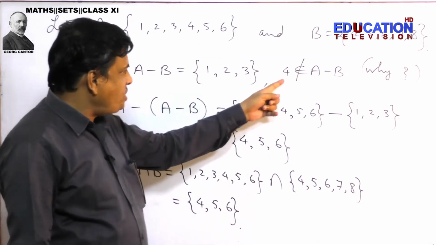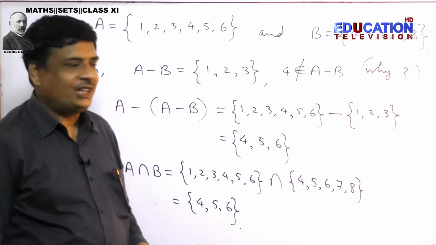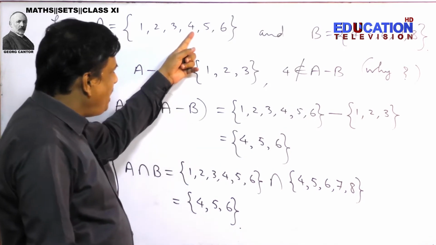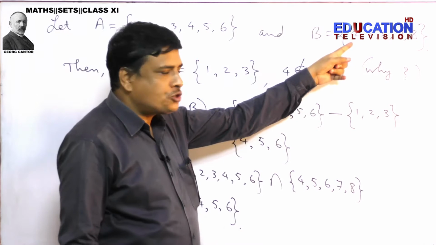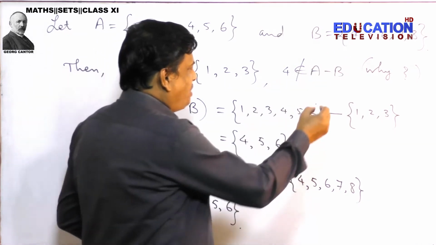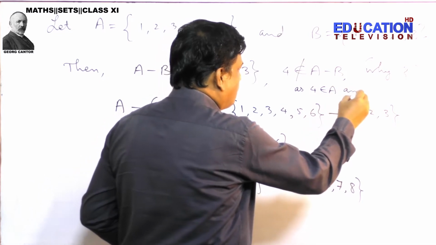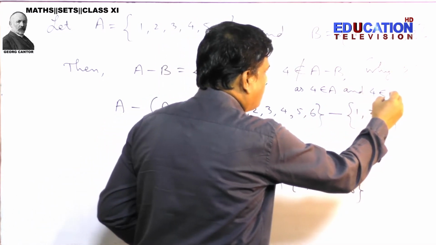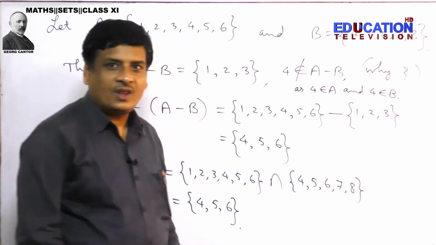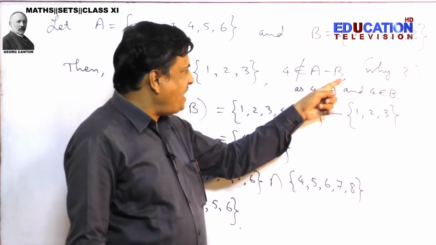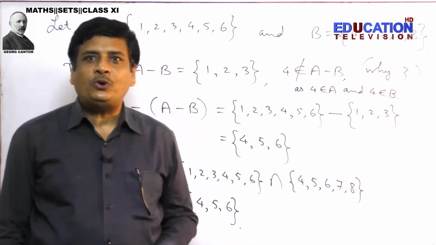The answer is 4 belongs to A and also 4 belongs to B. Four cannot be taken in A minus B as it is the element of both sets.